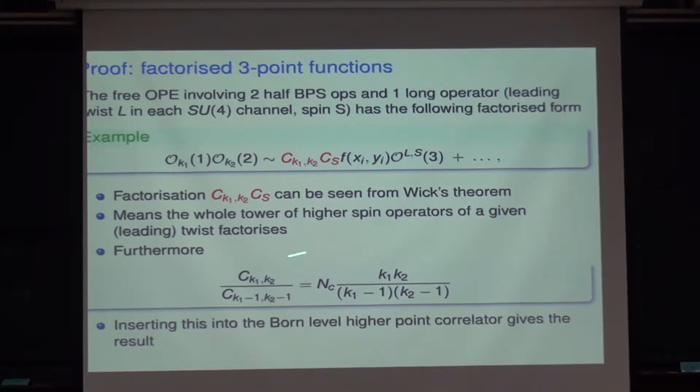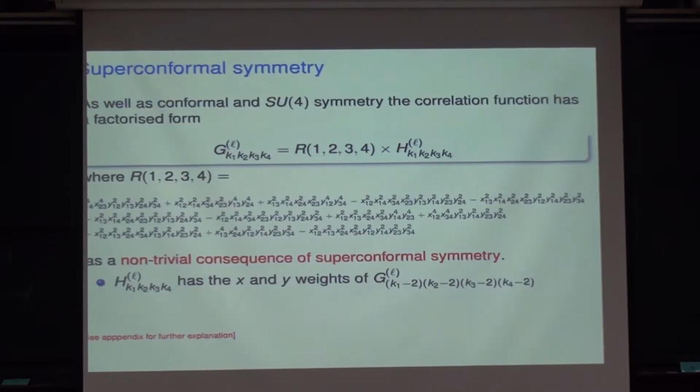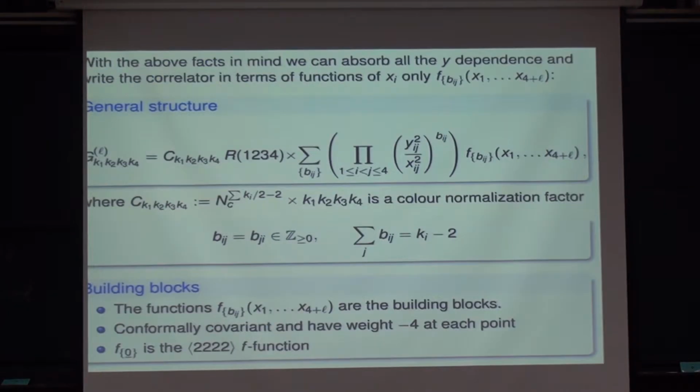Okay, and furthermore, the precise relation between these is this. Actually, I didn't mention this prefactor previously, but if you go back to my ansatz, here, I pulled out a factor.